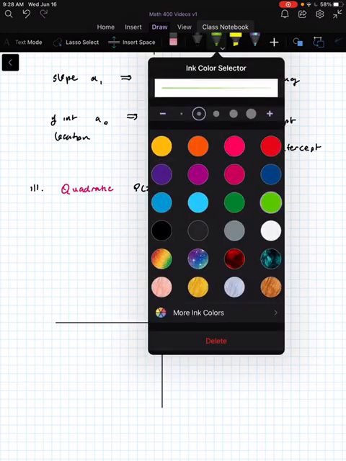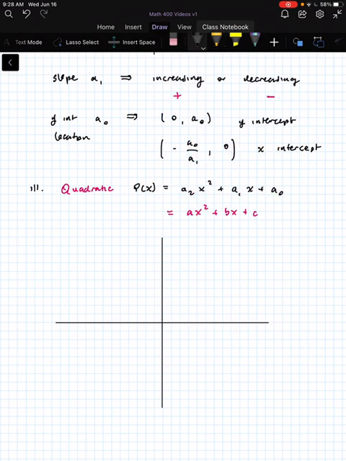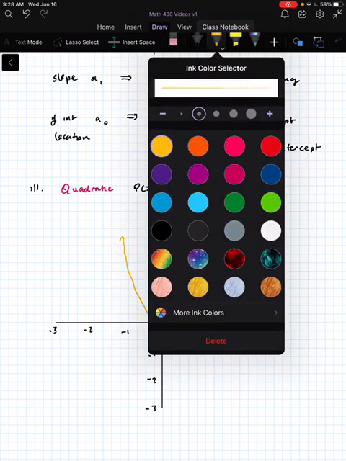Okay. So we have, let's use yellow first. And I'll set up the axes first. So we have y equals x squared, which is, again, a power function.